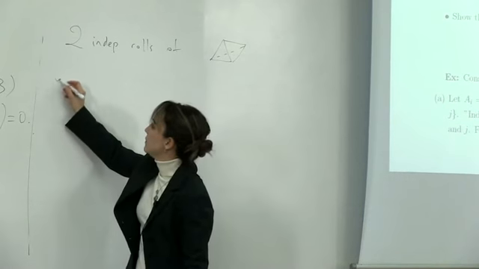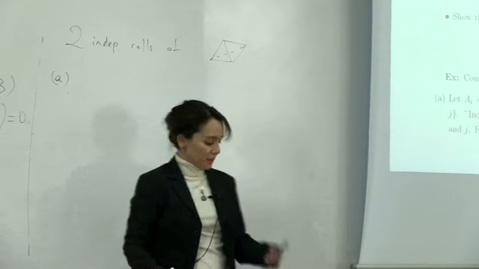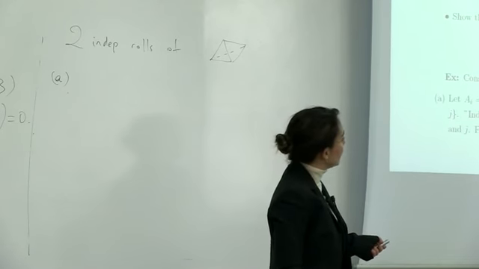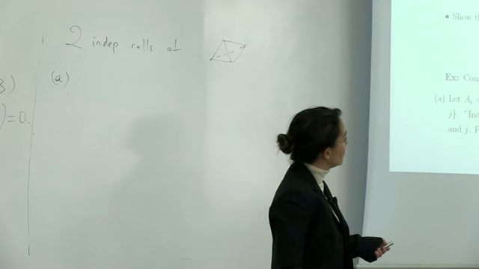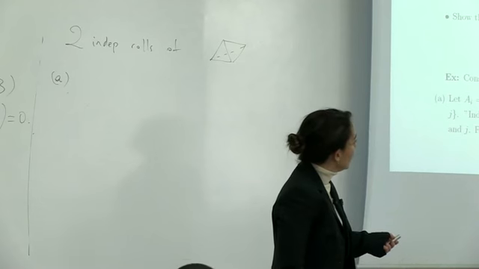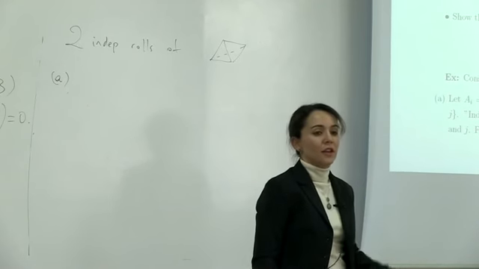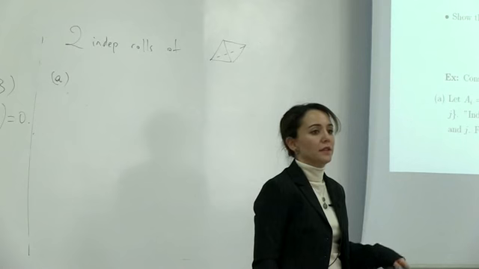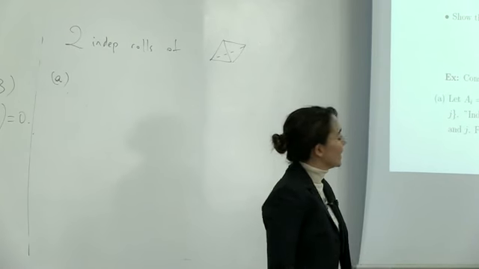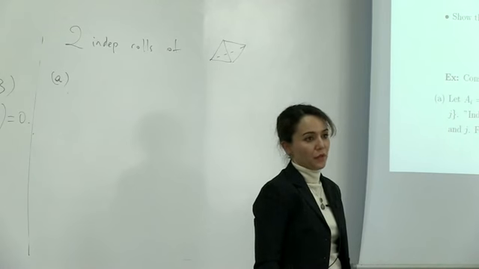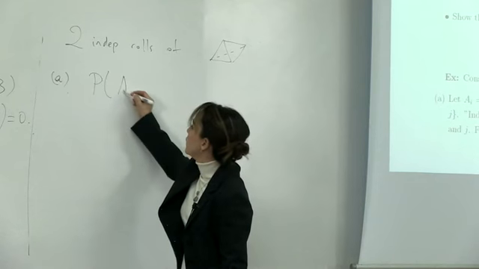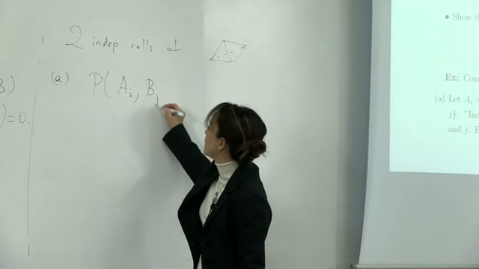In part A, it says that independent rolls imply A_i and B_j are independent for any i and j. A_i is defined as the event that the first outcome is i, and B_j is the event that the second outcome is j. So let's find the probability that the first outcome is i and the second outcome is j.